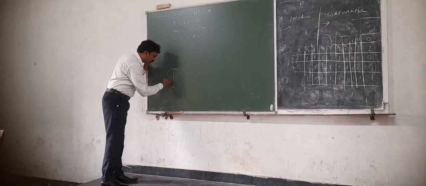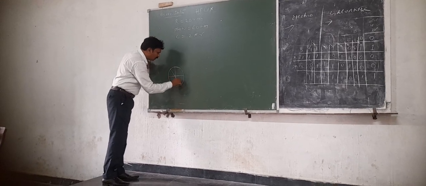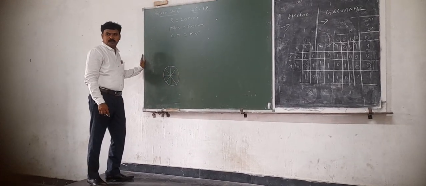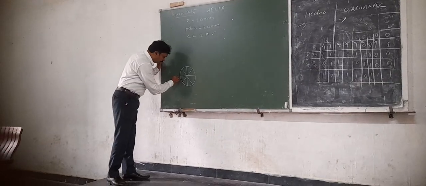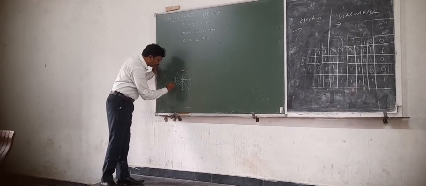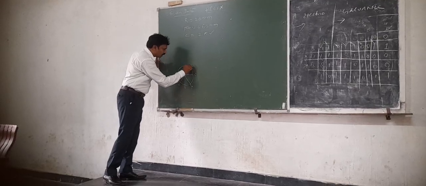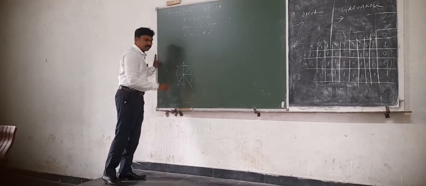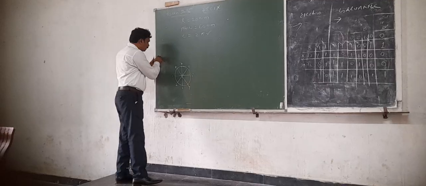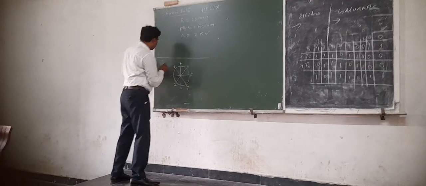Divide this circle into 12 equal parts. Then name these points 1, 2, 3, 4, 5, 6, 7, 8. Now draw a reference line.